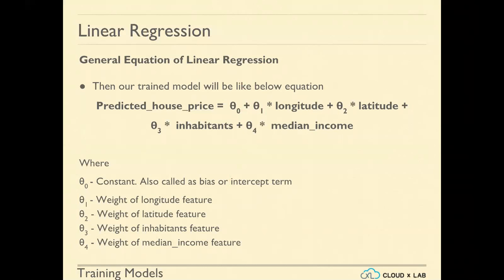When we train something, the algorithm basically finds the values of these thetas. Sometimes theta 0 is also called bias or intercept. This is the weight of the first feature, longitude. This is the weight of latitude, this is the weight of inhabitants, this is the weight of median income.